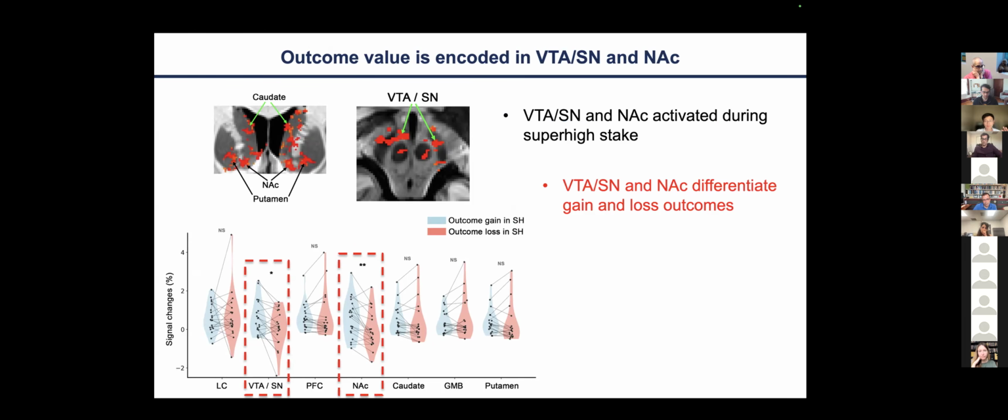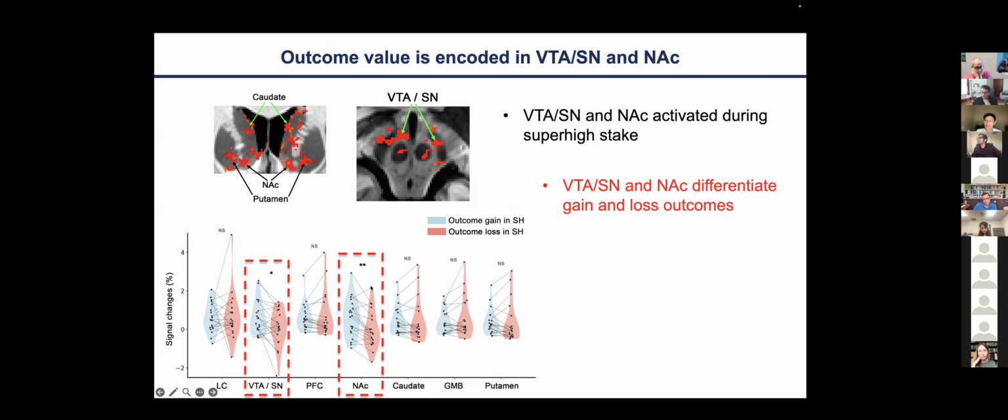But to differentiate these different outcomes, for example, a gain or loss, here we show that the nucleus accumbens and also VTA can not only process the outcome signal, but also differentiate gain versus loss. Is it a win of points or a loss of points? VTA and nucleus accumbens can differentiate those two.